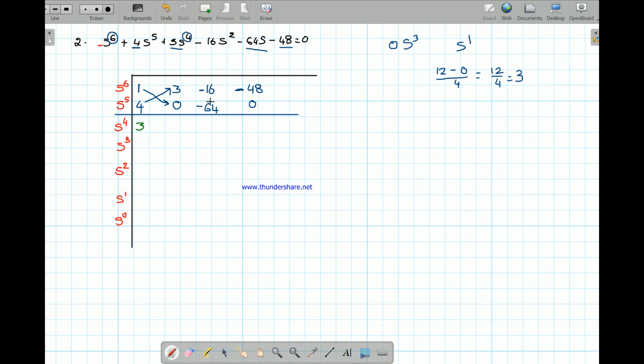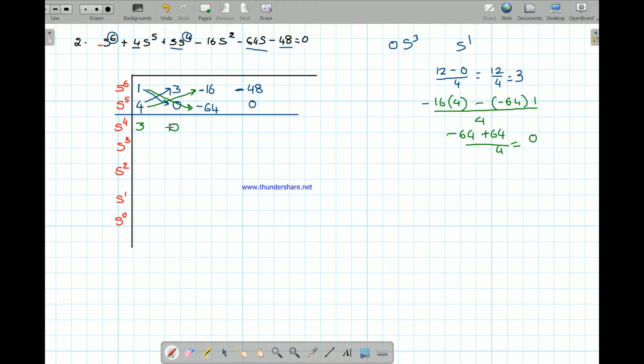Coming to the next element, it is 4 into minus 16, minus 1 into minus 64, divided by 4. So it is minus of minus 64, that is plus 64, by 4, which is equal to 0, because minus 64 plus 64 is 0.